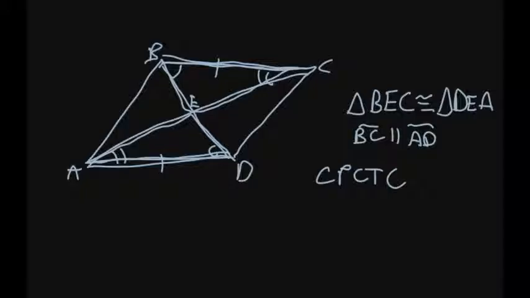So we know that this is a parallelogram, because if you know that the sides are parallel and you know that two sides are congruent, the other two sides have to be congruent as well. So we know that that's a parallelogram.